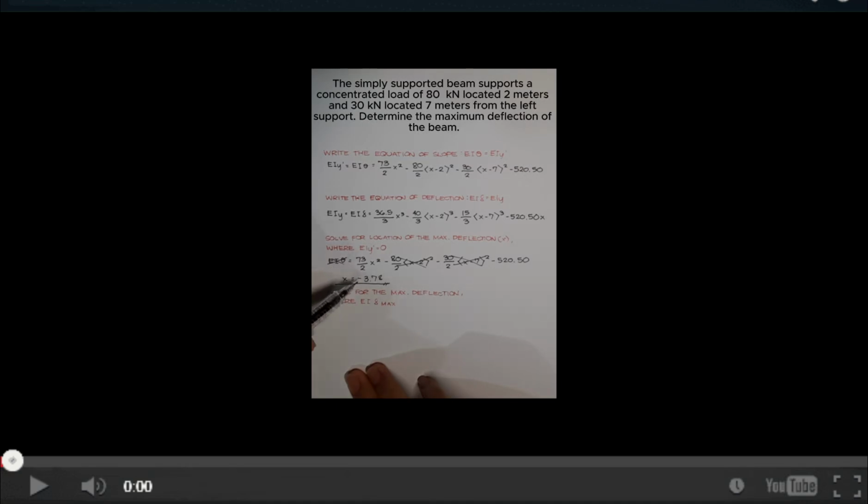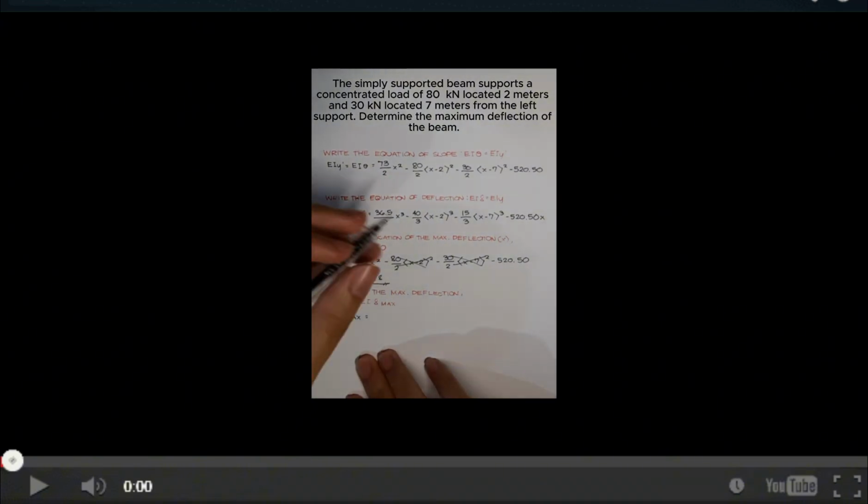That is negative 3.78. Let's write the equation of deflection.